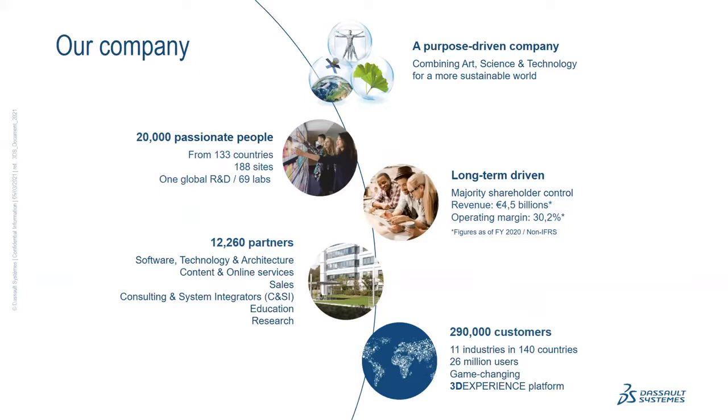We also have a huge group of partners focusing on technologies, online services, sales, education and research, etc. And of course, we have a huge group of customers in the world, covering 11 industries in 140 countries.